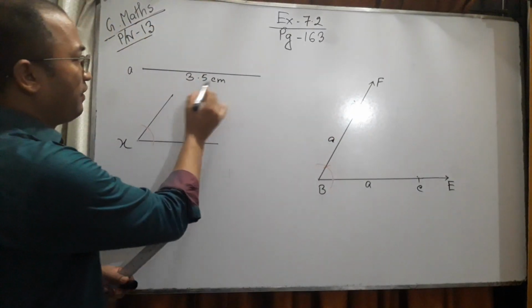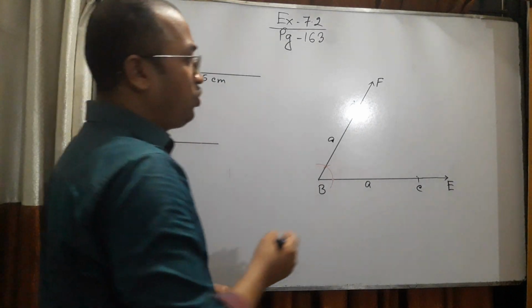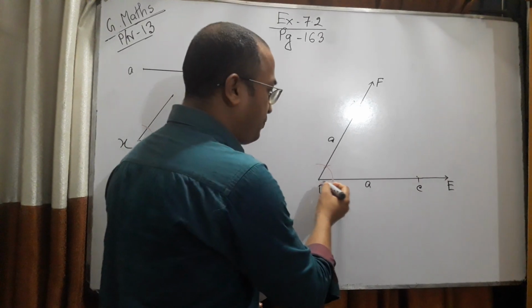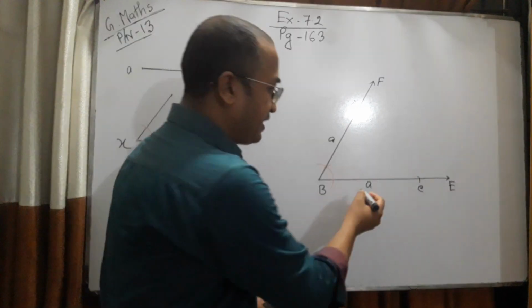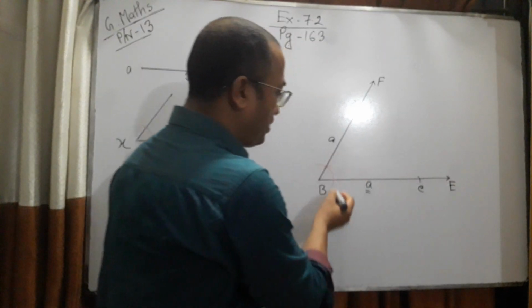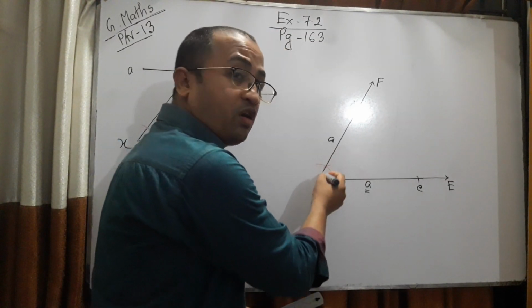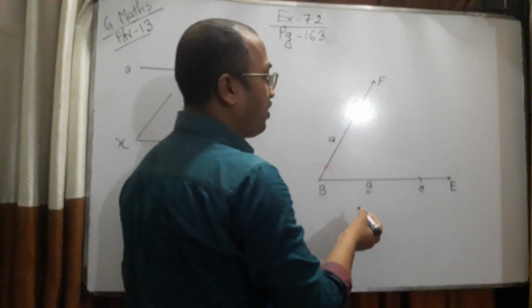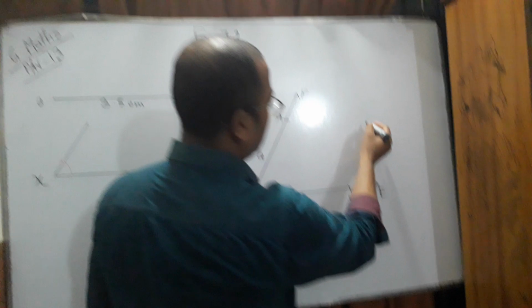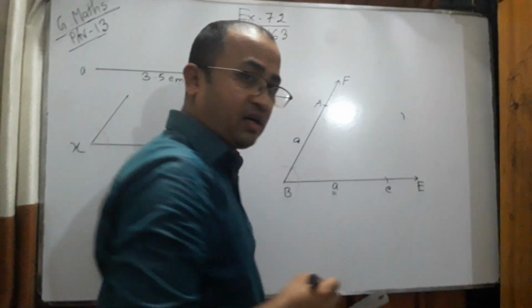That is 3.5 centimeter. Now, with center at A, with the radius of BC, that is a, we draw an arc in front of the angle B. So, this is an arc.